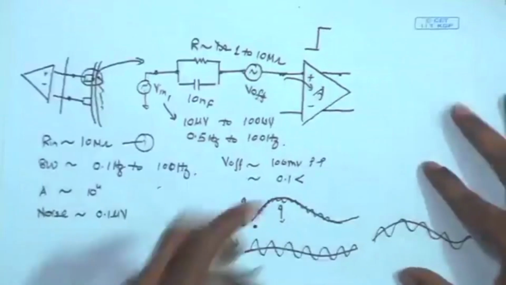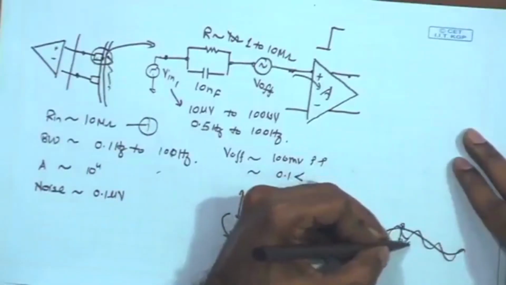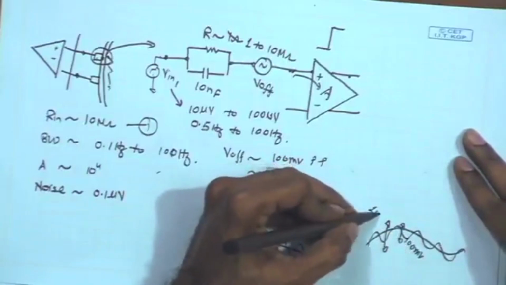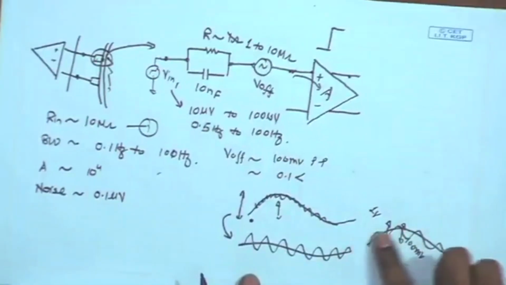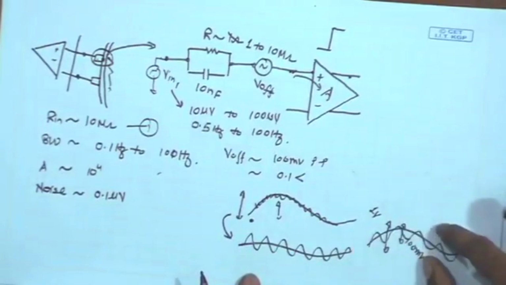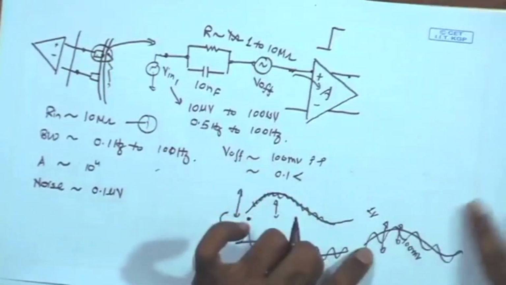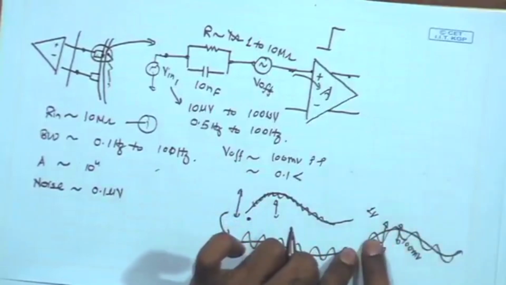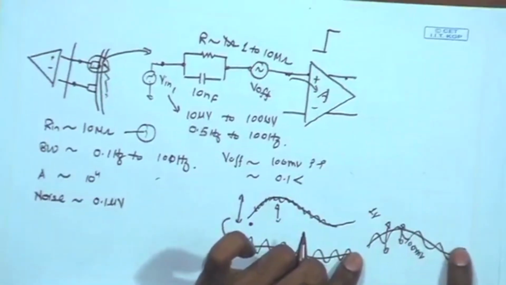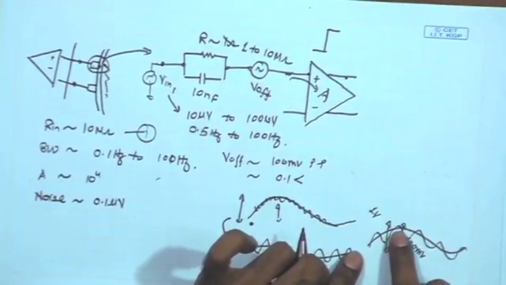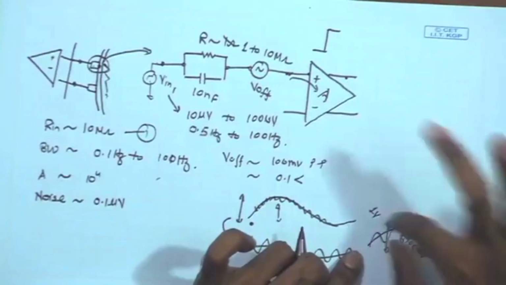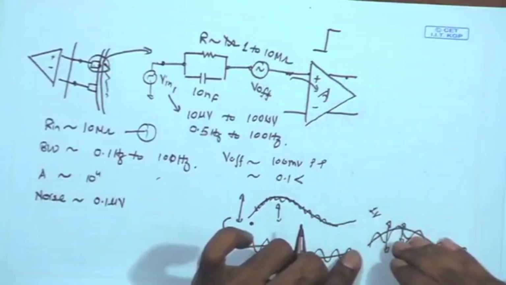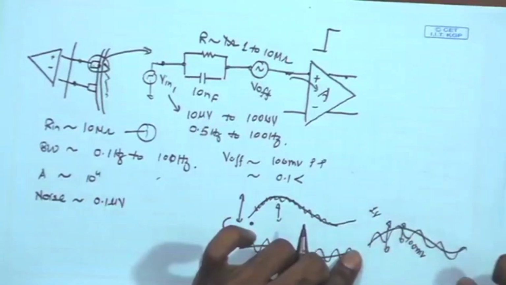Even if the desired signal is having 100 millivolt peak to peak and the undesired signal even if goes as bad as 1 volt peak to peak, still the signal may not be badly corrupted, still the clipping will not occur. That is why we are keeping this margin, we are allowing room for this undesired signal, so that in worst case if its amplitude is not suppressed, it is still not leading to clipping of the desired signal. So, we are limiting the peak to peak signal that we want for the desired signal before we reach the ADC.